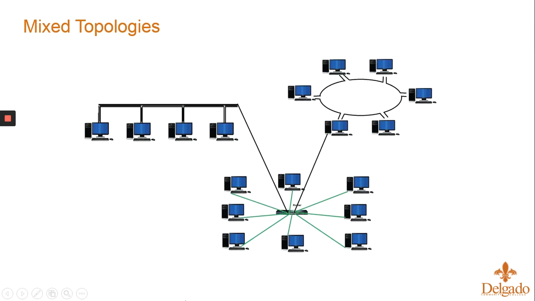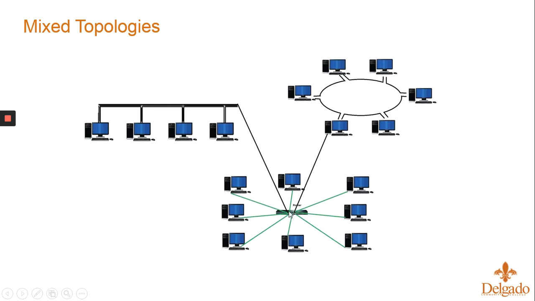One thing is, you can also have mixed topologies in your network. We're not limited to saying it's only going to be a ring or only a star. In this diagram, we actually show 3 topology types all in one network. We have a linear network over here, then a star topology here, and then a ring topology up here.